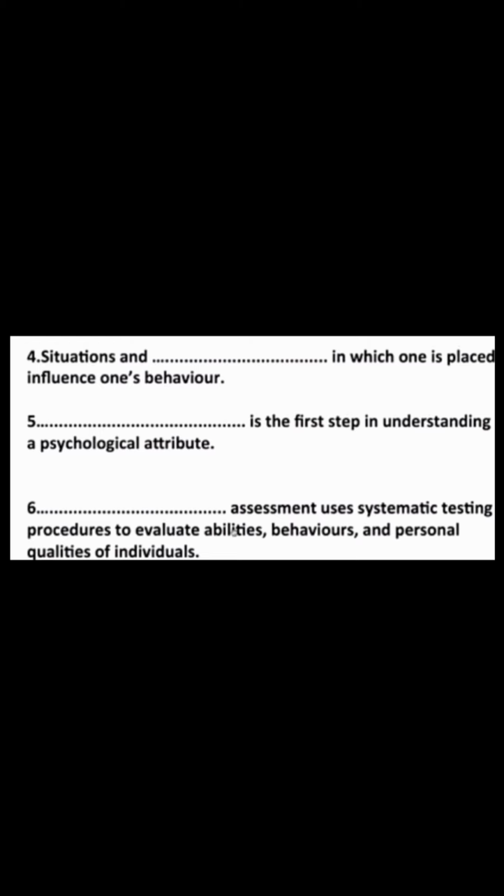It is asking what influence our behavior. See, situation and circumstances influence the behavior of the individual. This concept of situationism you must have studied in your books. Okay, so situation answer here you will be writing as circumstances. Situation and circumstances in which one is placed influence one's behavior.